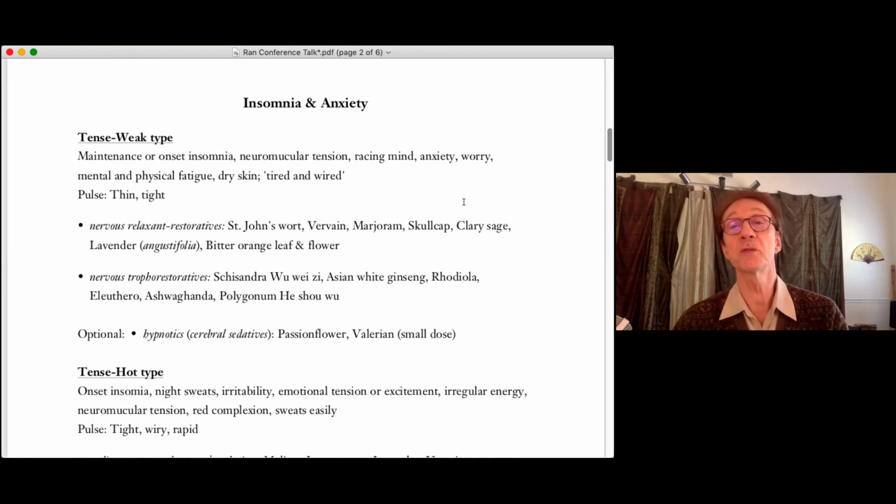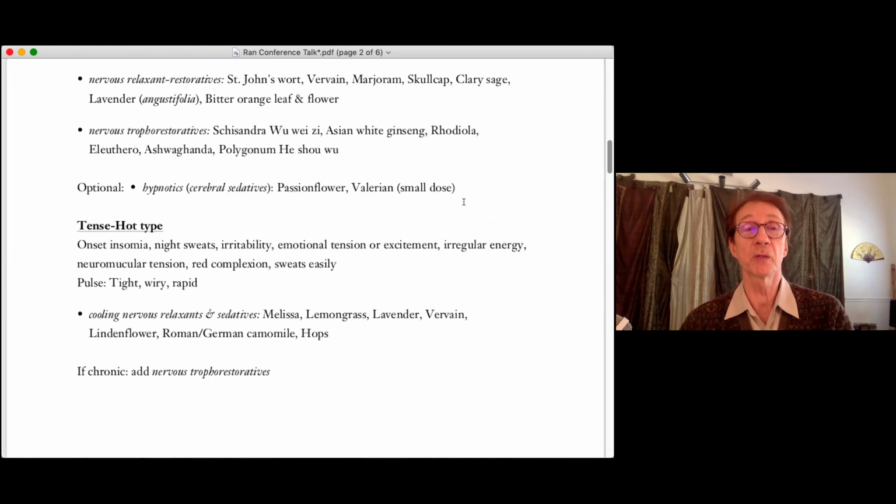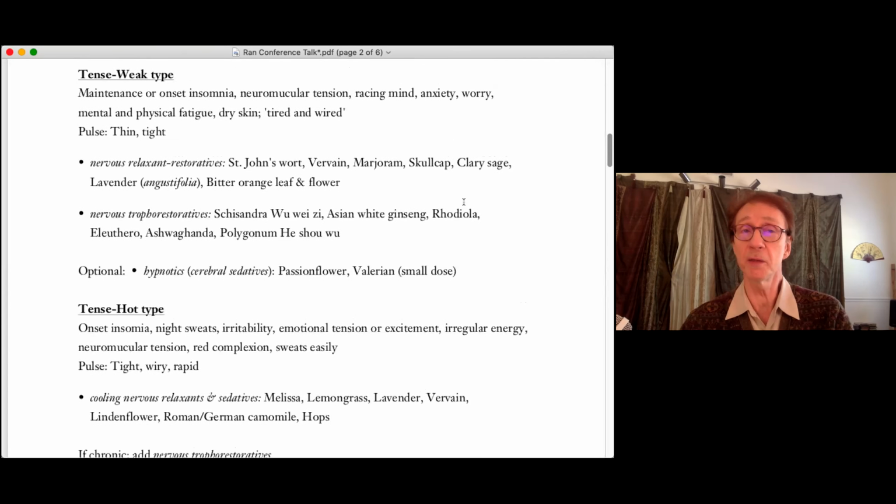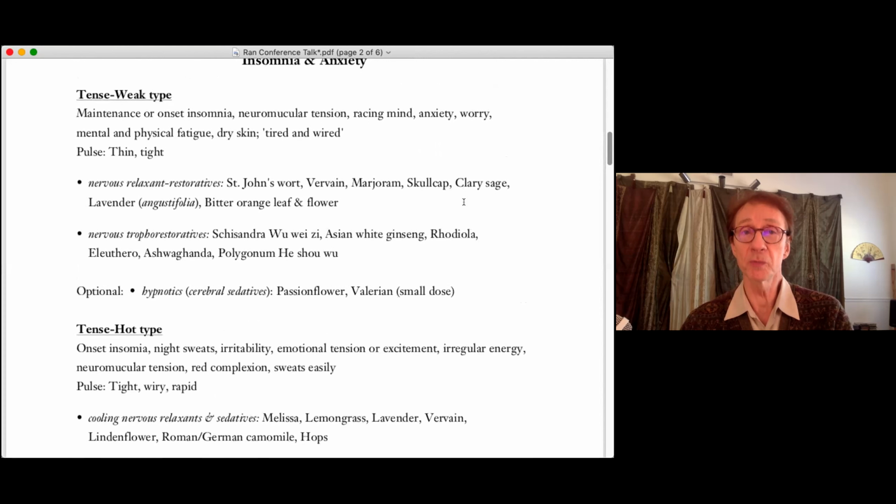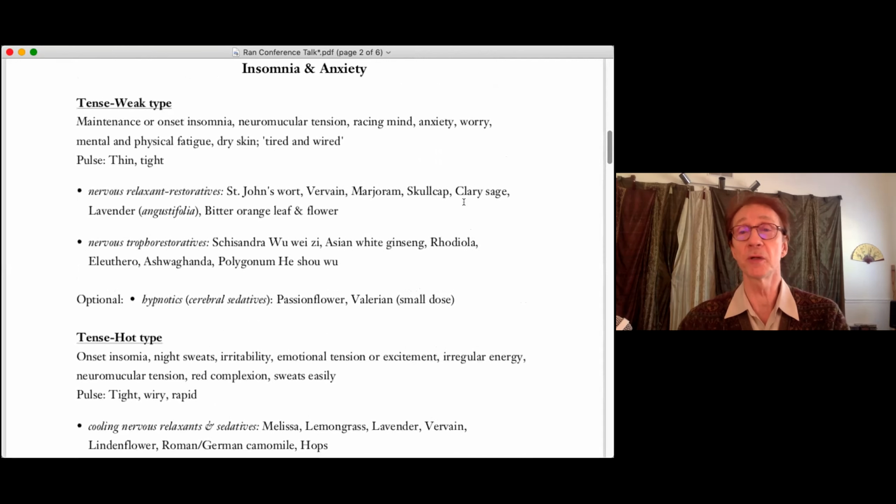Again, all of these are obviously very common. And I think differentiating them is really useful because the herbs that we use are really different. There are many herbs for insomnia and anxiety, as you know. We immediately think of herbs like valerian and passion flower, lavender, lavender essential oil, etc., etc. But we need to consider the bigger picture.